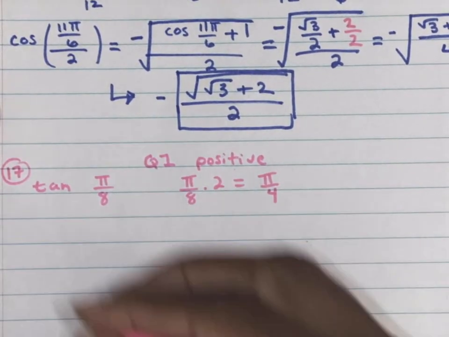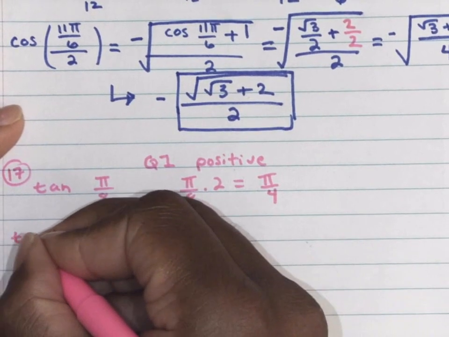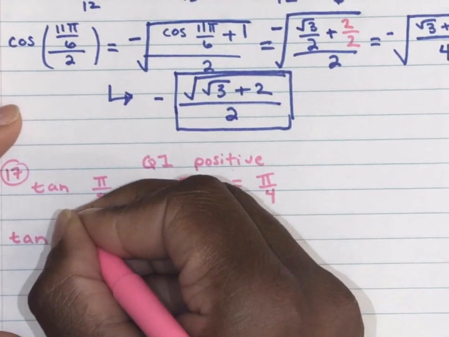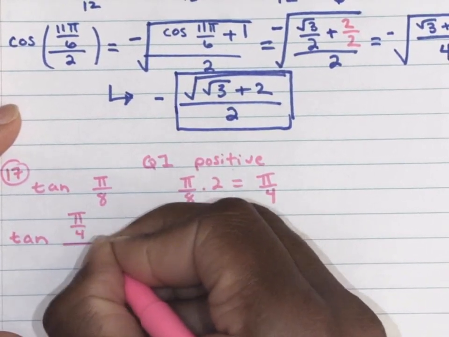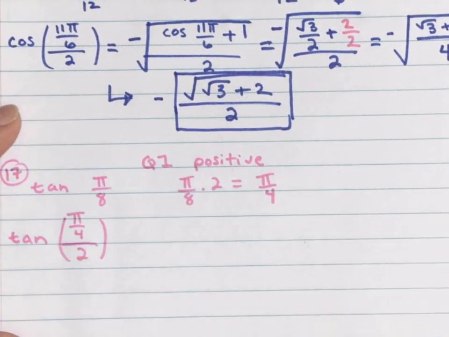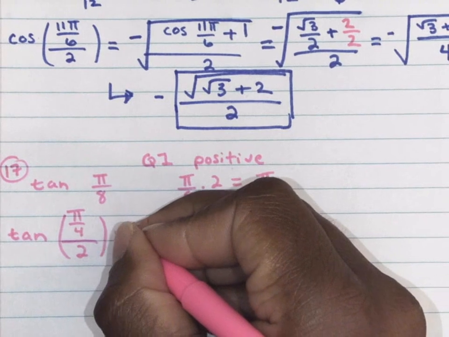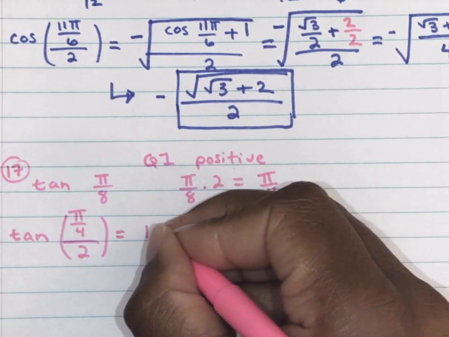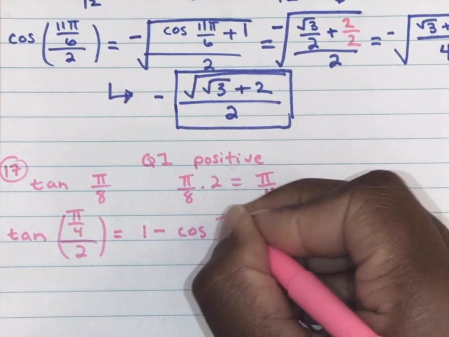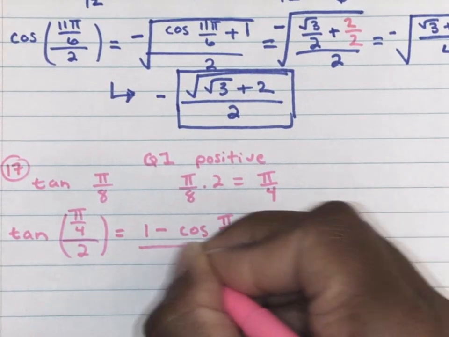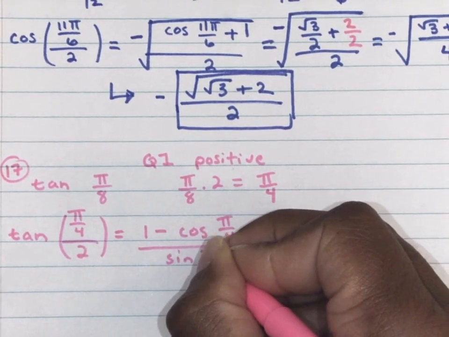So this is tangent of 45. So I've got tangent of pi over 4 divided by 2 to set up my half angle formula. So what we'll have is 1 minus cosine of 45 divided by sine of 45.